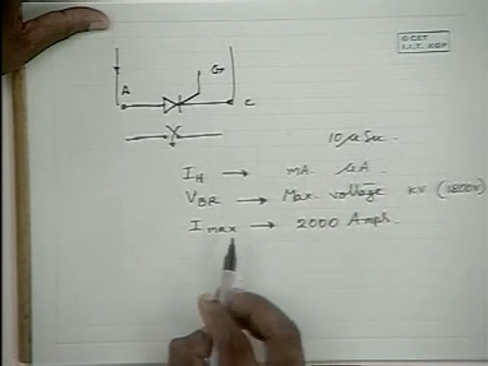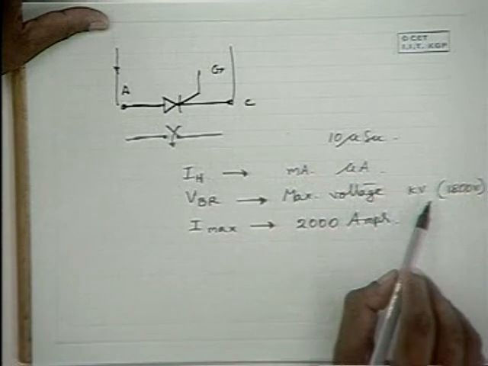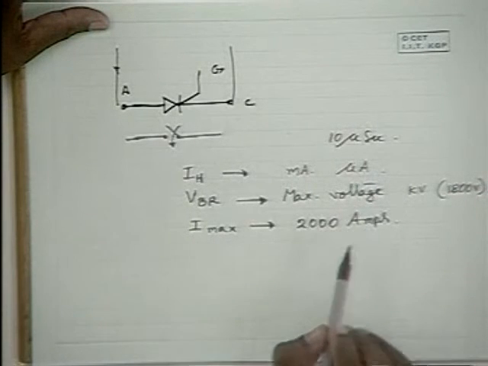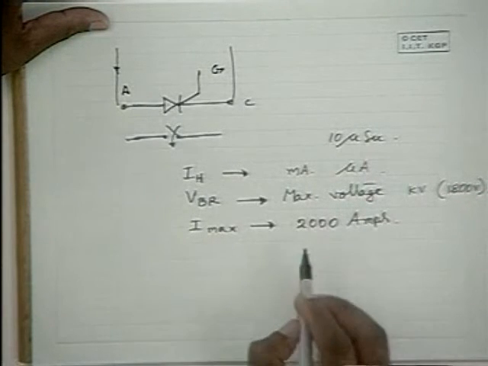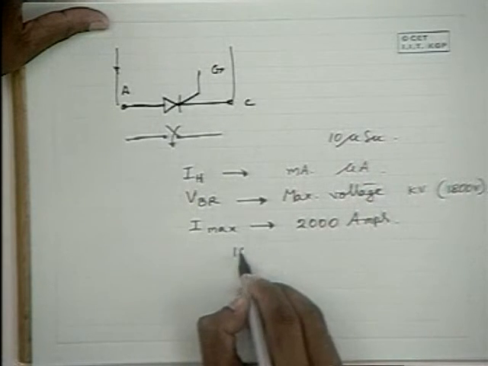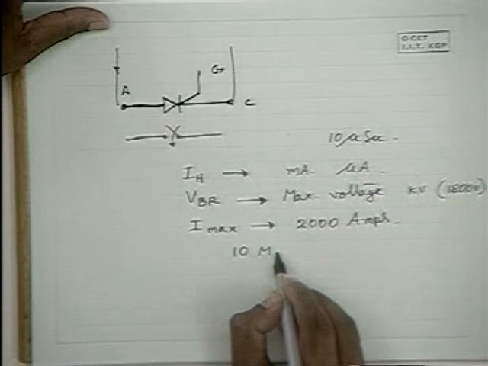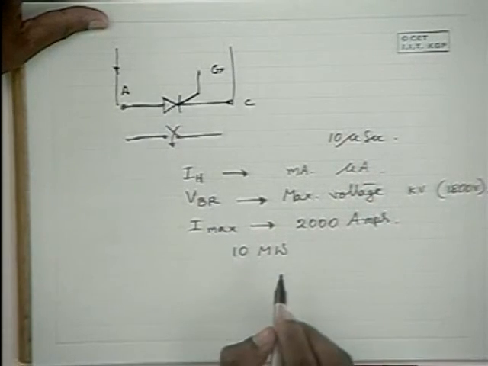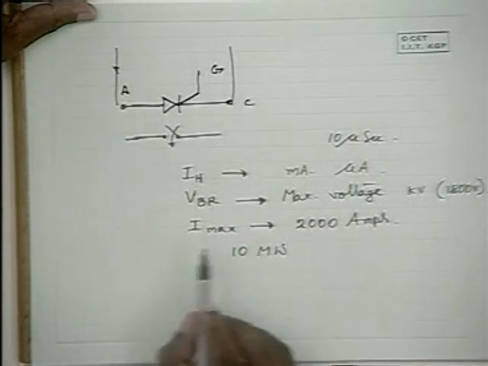And please note that with this kind of voltage and with this kind of maximum current that can flow through this device, it can be operated in circuits handling powers of the order of hundreds of kilowatts, which is of the order of 10 megawatts. Therefore, this device can be used in high power circuits.